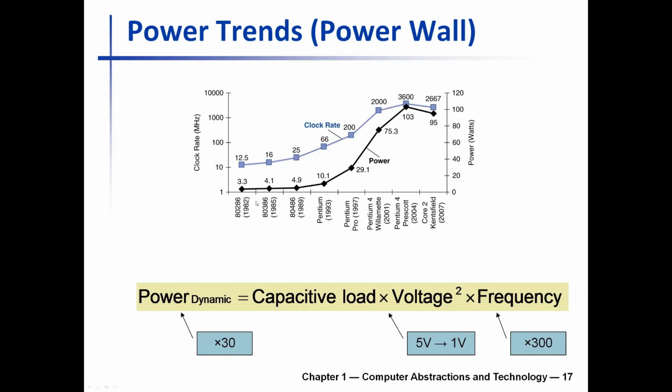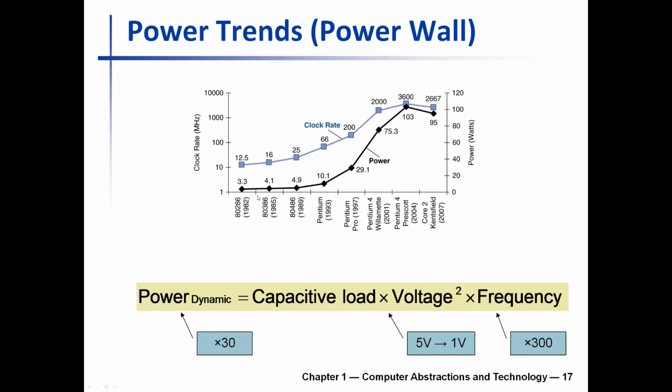If you compare the 286 processor with the top one here, Pentium 4, you can see the difference in frequency is around 300 times, right? This is roughly 12, and this is 3600. So the difference in frequency is about 300-fold here. And the difference in voltage to switch the transistor, what is the voltage used?